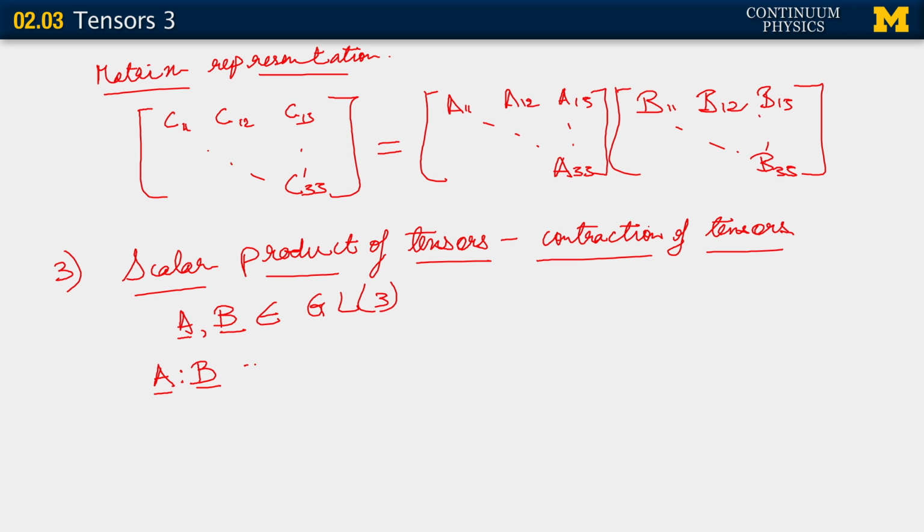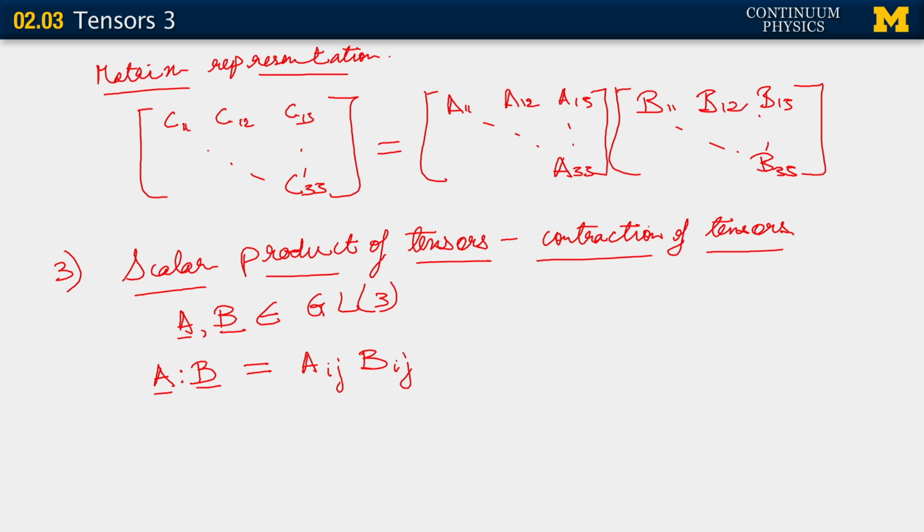A contracted with B is how I will often read it. A contracted with B is simply the product AIJ BIJ. Both indices I and J are repeated, so there is a sum implied over both of them.